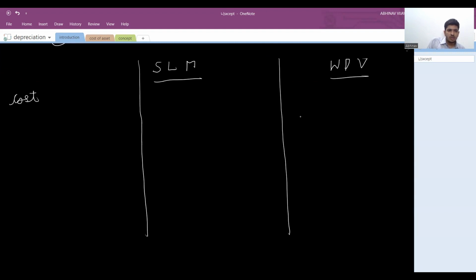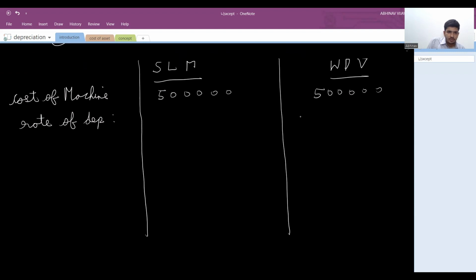Now write this down. This is an example to understand both these methods clearly. Cost of machine 5 lakhs. Here also it's 5 lakhs, because it is the same machine, only the methods are different. Rate of depreciation 10% per annum.